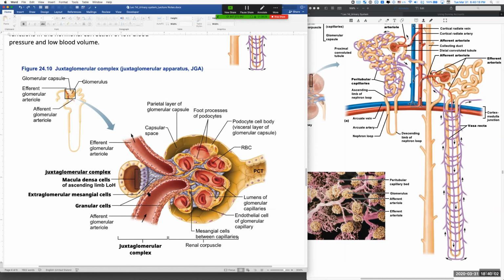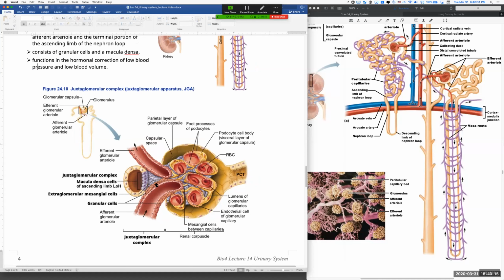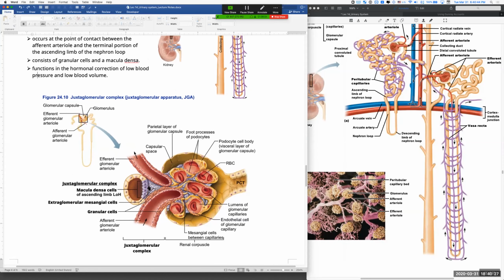The granular cells are along the wall of this afferent arteriole. These granular cells are important in secretion of a hormone called renin, which also plays a role in blood pressure control. So this whole structure is very important in blood pressure control. I won't go into the detail because you're going to go into extensive detail when you get to physiology.